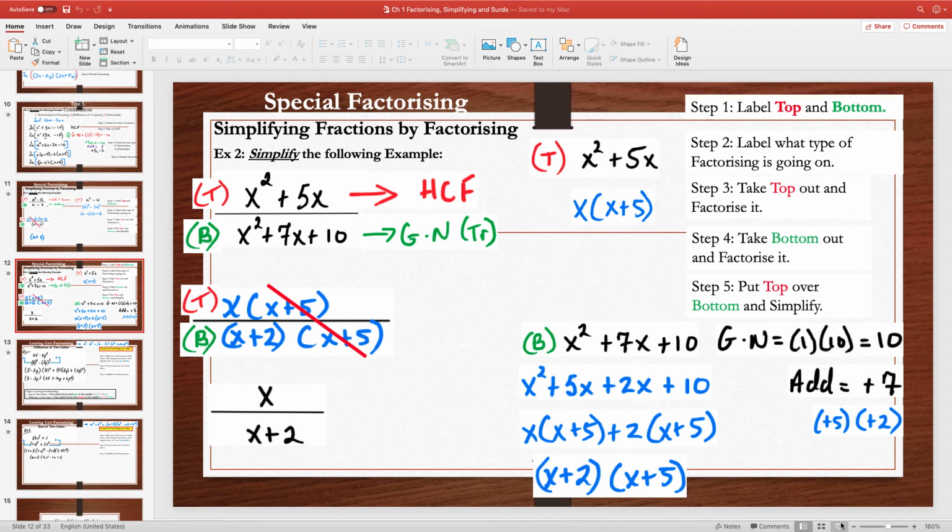This is no, factorize it and knock it off. Factorize and knock it off. We're not into common denominator yet.